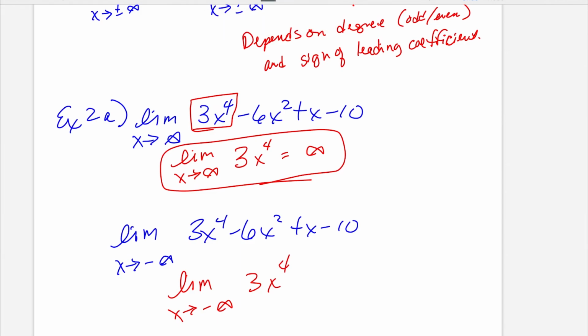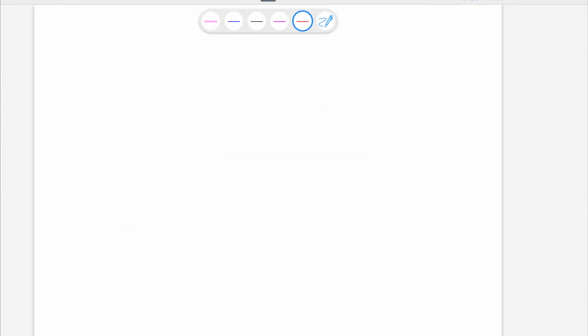Again, the fact that this is an even exponent, I know that's going to be a positive infinity situation again. So a positive 3 times that positive infinity is going to take me to positive infinity. So this one, because I have a positive number in front and an even exponent, it takes care of that.